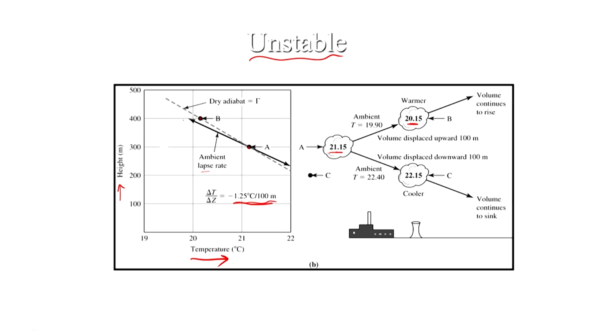The environment temperature at that particular height, 400 meters, is lesser. So what's going to happen to this parcel? It's at a relatively higher temperature compared to the surrounding area, so it's going to keep rising. That's what you see, it continues to rise.